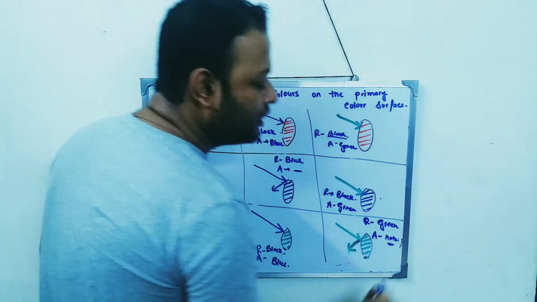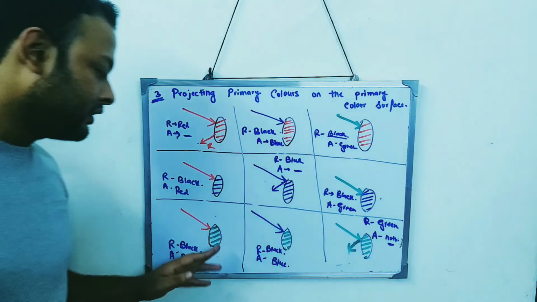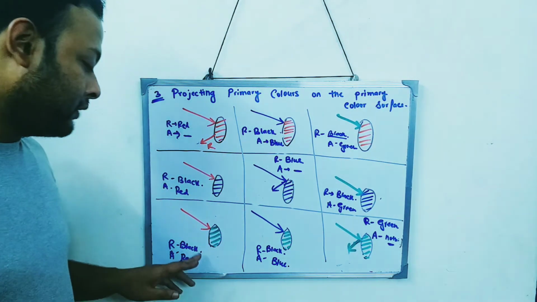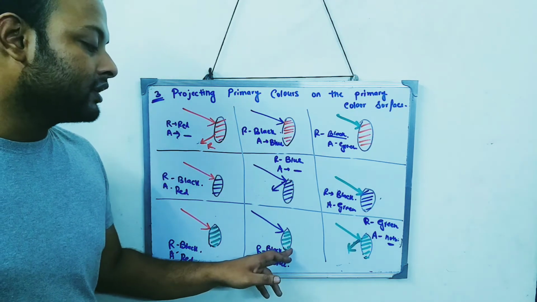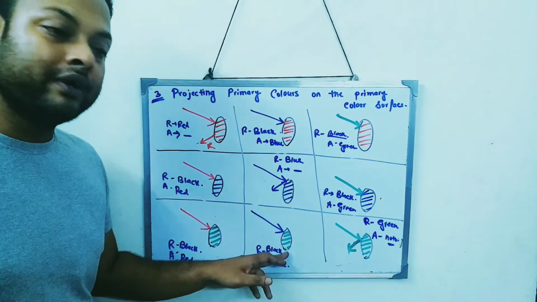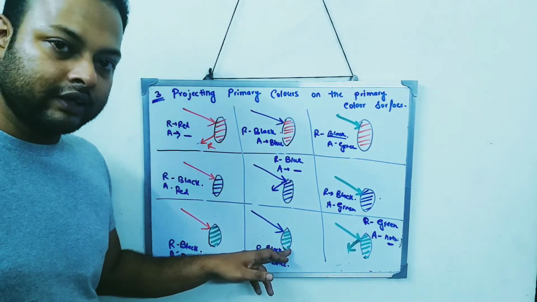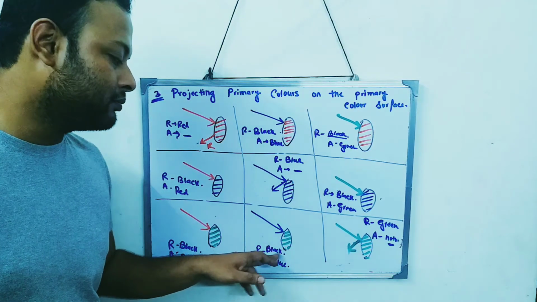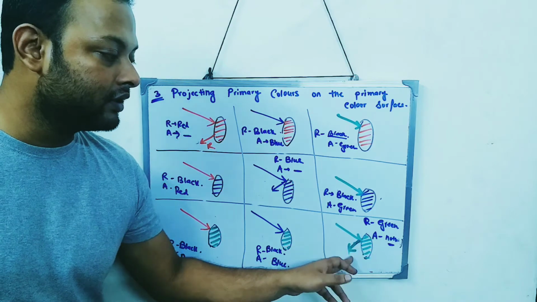So over here you can see this green surface will appear black, because obviously it is reflecting nothing. So nothing means what? It appears black. Over here, this green surface will appear green only because it is reflecting the green color.